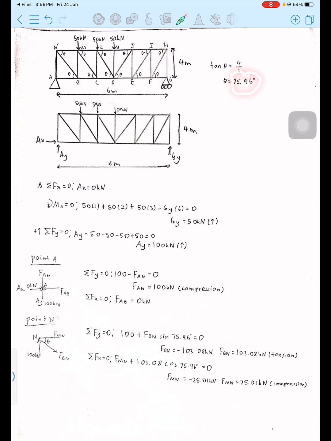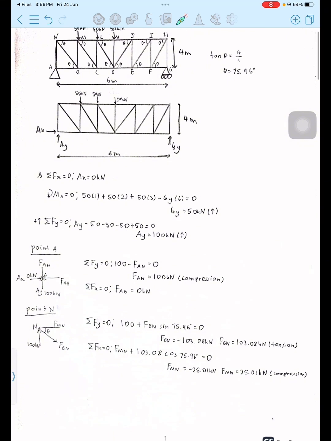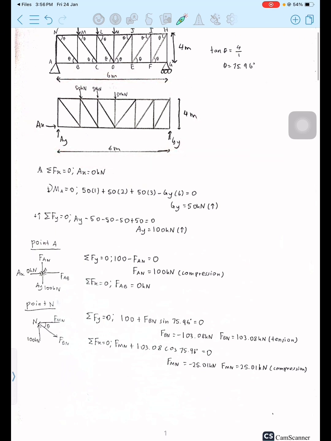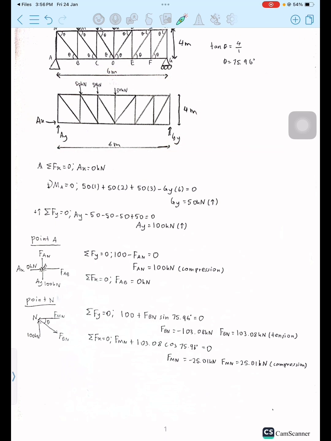75.96 degrees. For AX we get 0 kilonewton because the sum of Fx equals 0, and AX is the only force in the x direction in the free body diagram. To find GY, the sum of moment at point A equals 0.